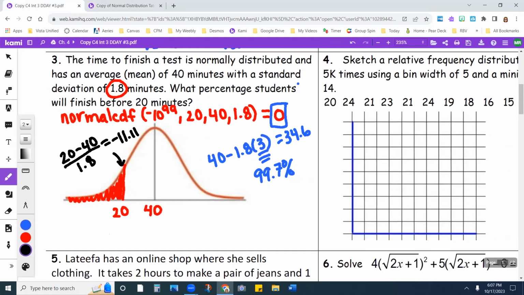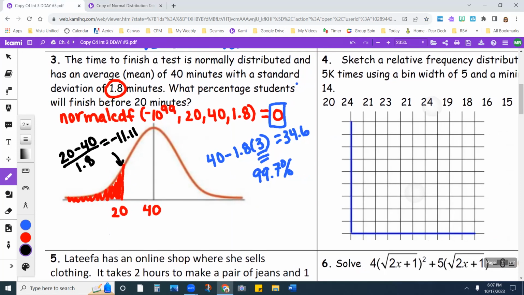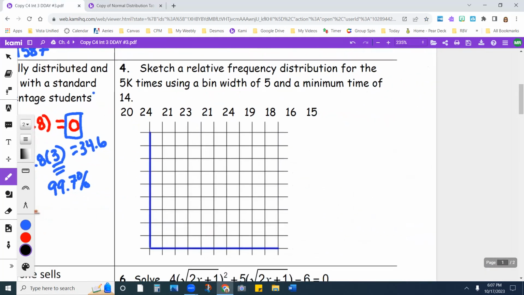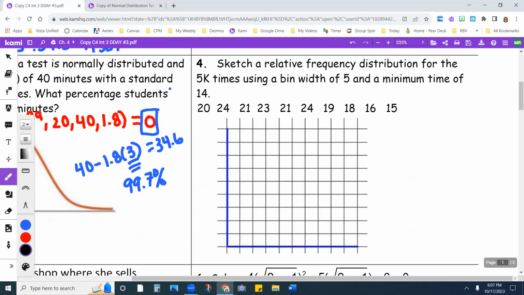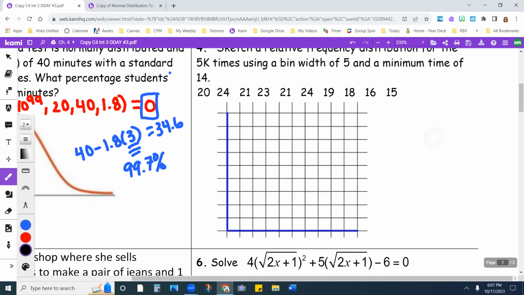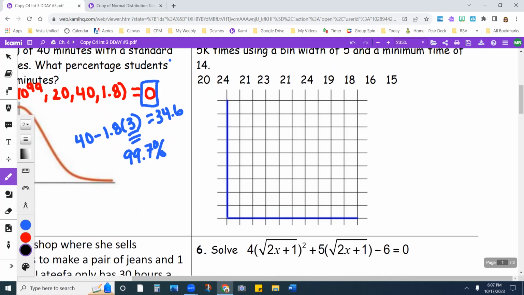On number 4, a relative frequency table. We want the 5K times that are here, bin with a 5 and minimum time of 14. So this is going to be 14. I am adding 5, so that's going to be 19. I add 5, that's 24.